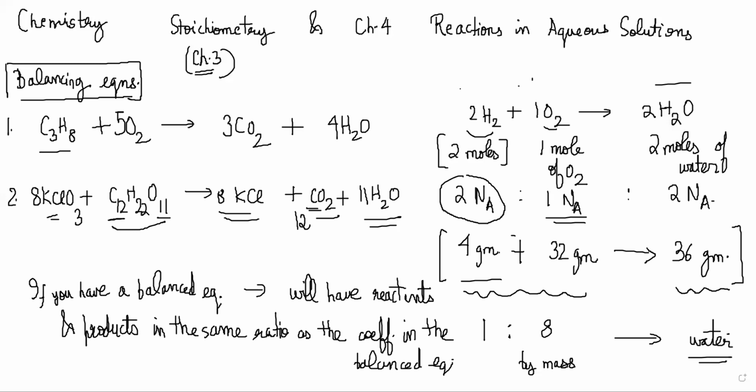Yes, sir. If you have more of the second reactant, then what will happen is it will be left over, right? At the end of the reaction, it might be left over, correct? Yes, sir. Makes sense. And if it has less of the second reactant than is required, then the reaction will not happen completely.